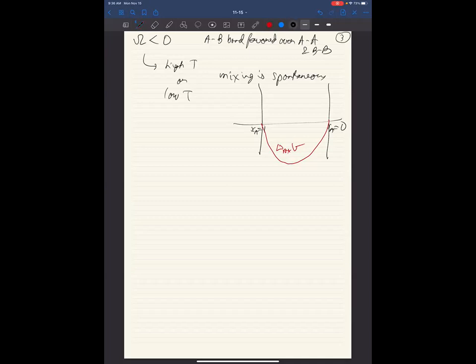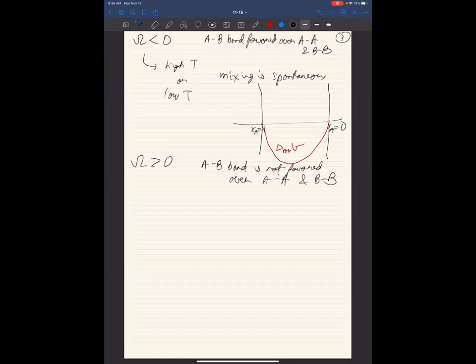Now, when we go to omega positive, this means that the AB bond is not favored over AA and BB. So if you had a zero temperature system, the bond strength of AA and BB is deeper. They form stronger bonds than just AB.